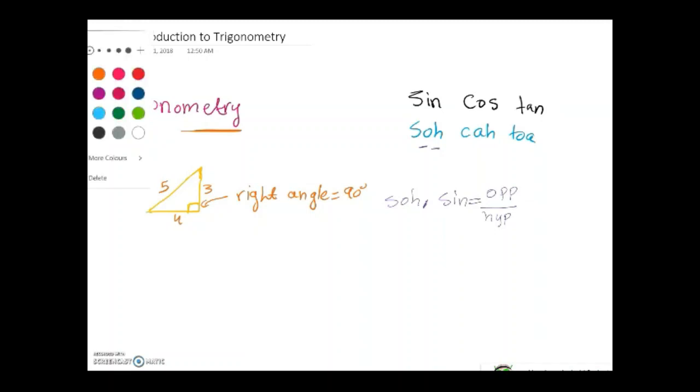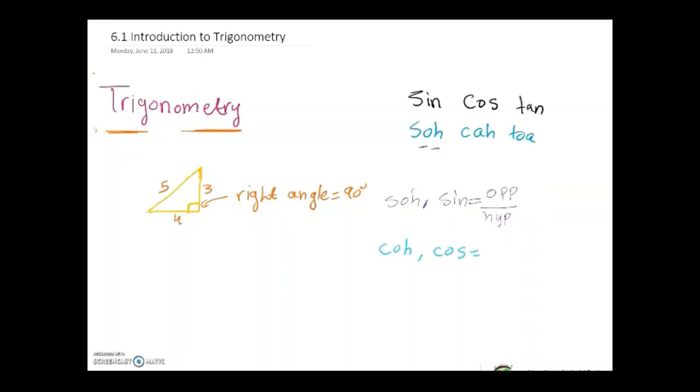And the cosine, the CAH, means that cosine equals adjacent over hypotenuse.